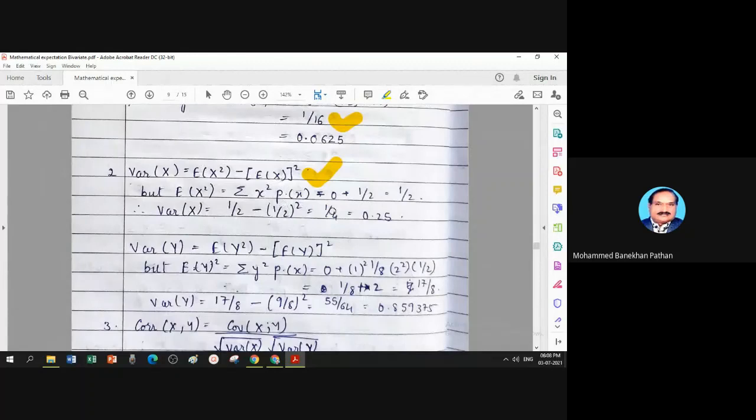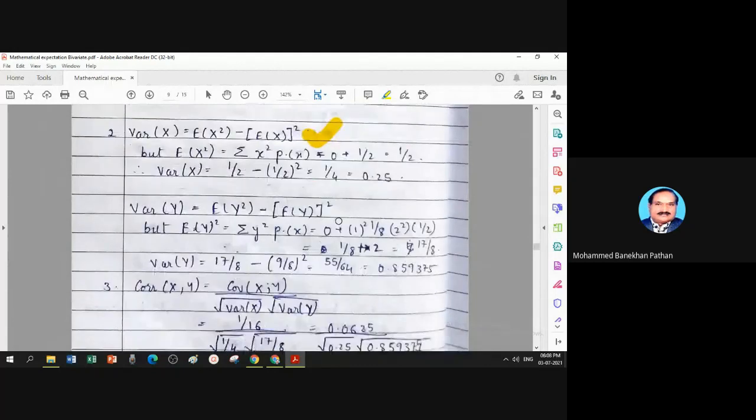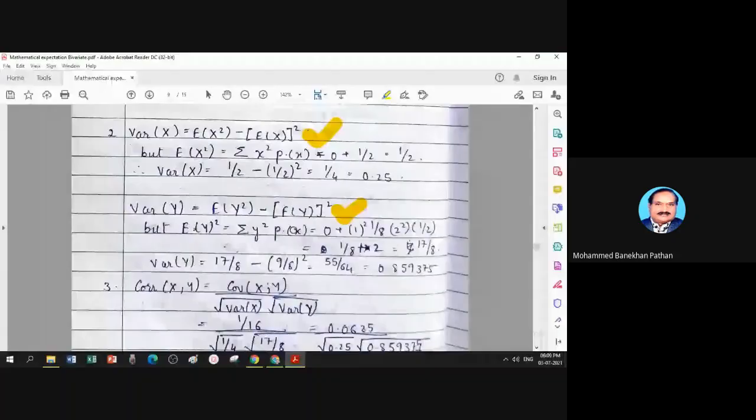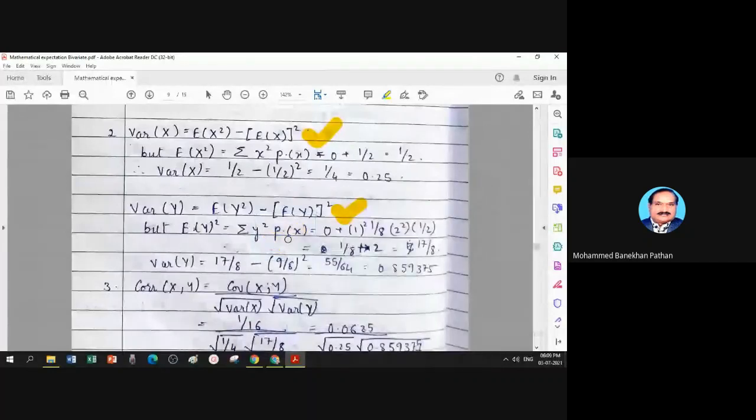Similarly, you can get the expected value of y squared, which is summation y squared into P. When you write the expectation of y squared, everywhere it will be y squared. First value of y is 0, and 0 times anything is 0.